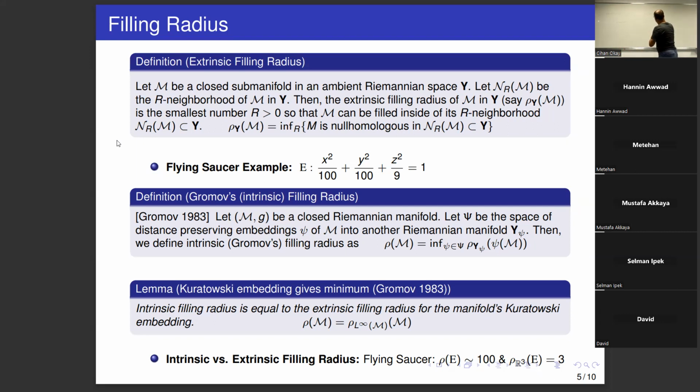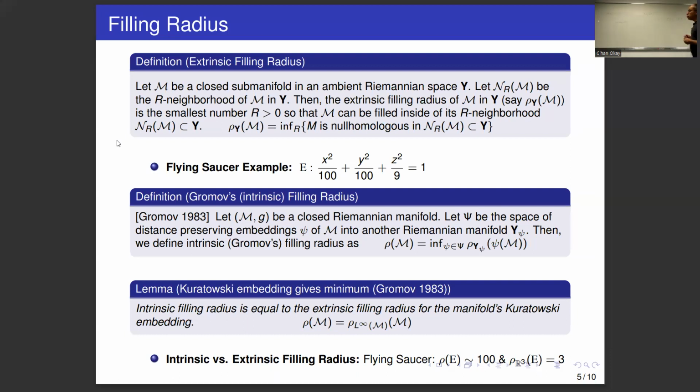Kuratowski embedding is this. For any metric space X, L infinity of X is the space of functions from X to R, and you use the supremum norm. And the Kuratowski embedding sends X to L infinity of X in the following way.